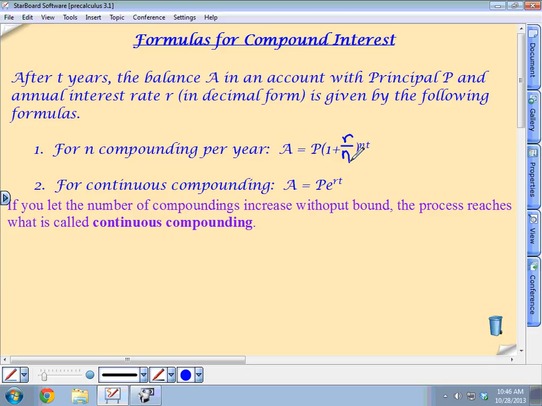So, let me go grab my dry erase marker. Those are r and n. They didn't type well out as a fraction.